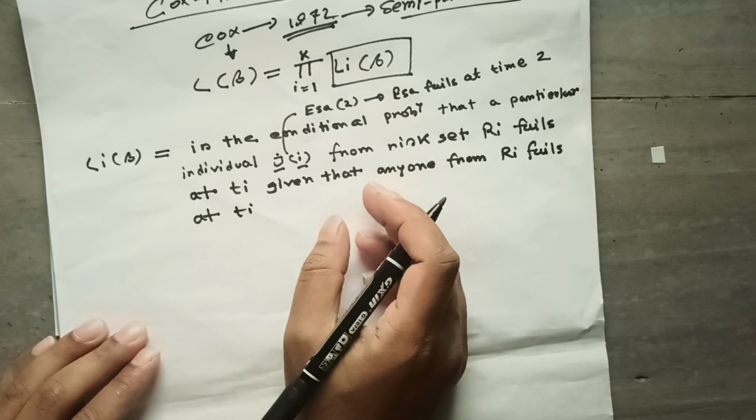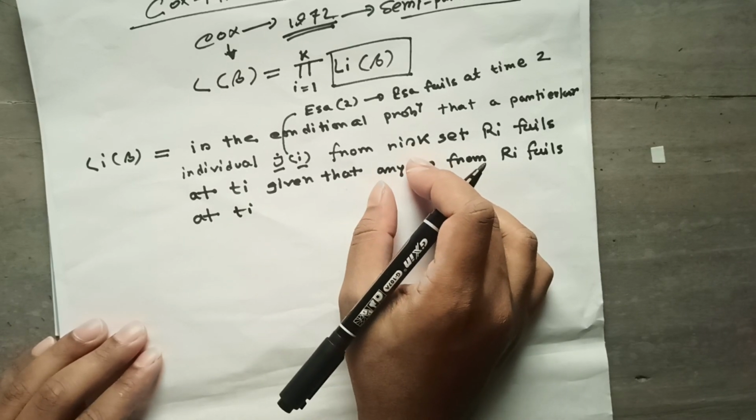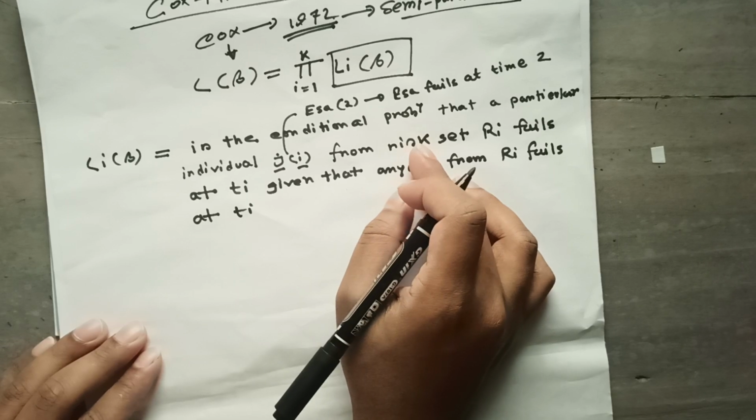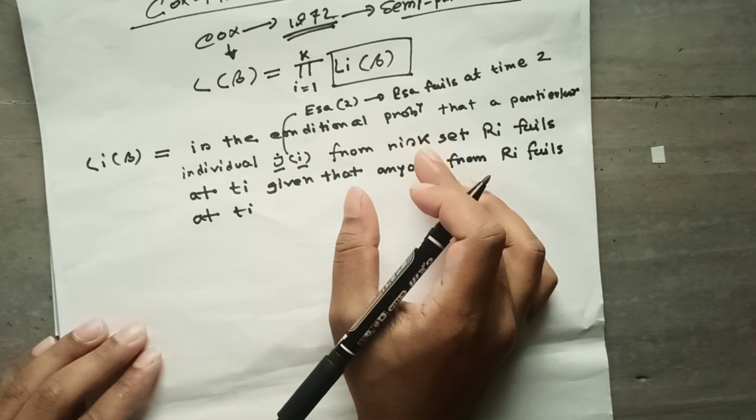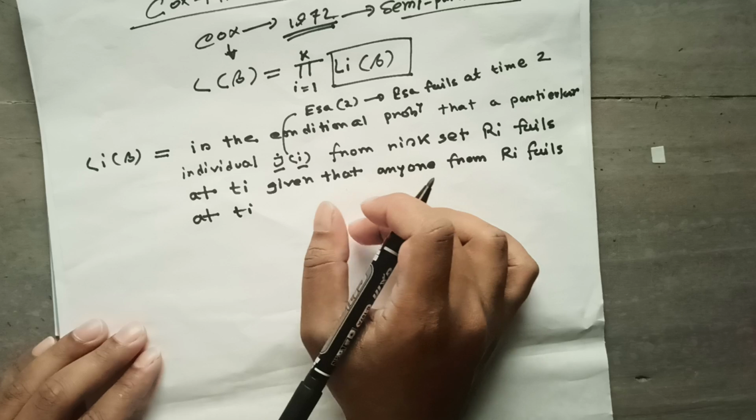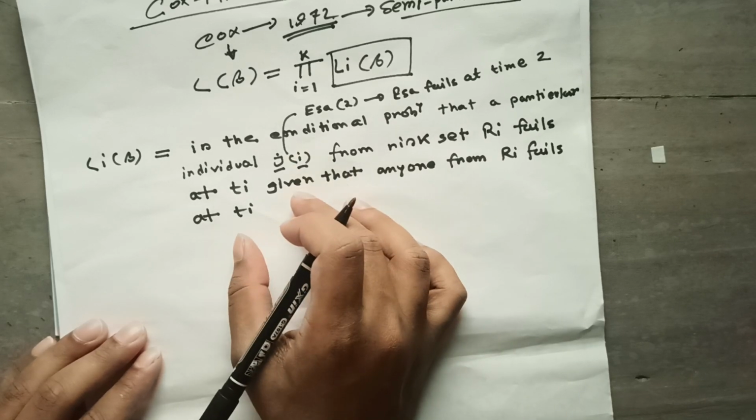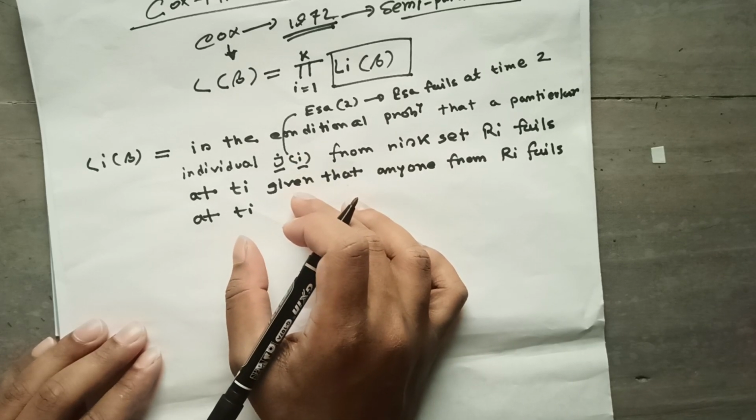I know it is very confusing when I write it in that way, but you do not have to worry at all, because I will now convert it into mathematical terminology, then it will be much easier.